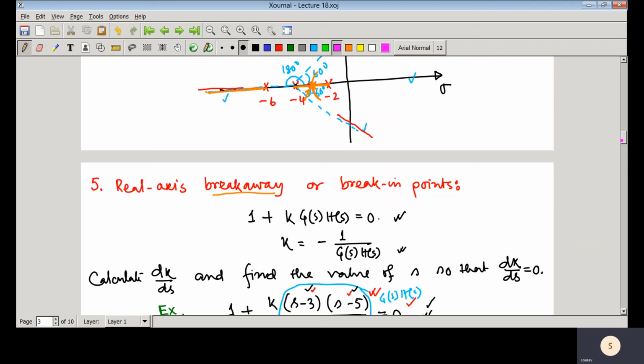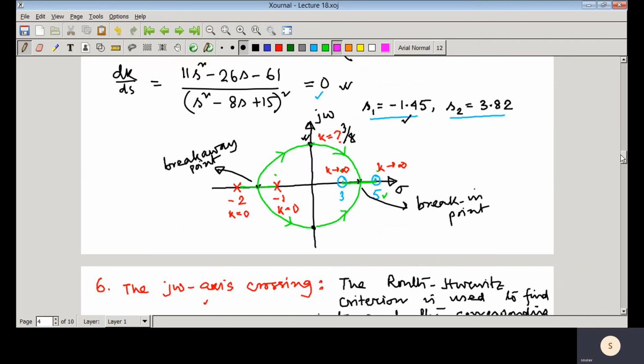The roots become complex conjugate, and then if we keep increasing k, at a particular value of k they come back to the real axis. That means two roots are real again, so that is called the break-in point, and this is called the breakaway point, and we can find it by taking the derivative of k with respect to s and equating it to 0.